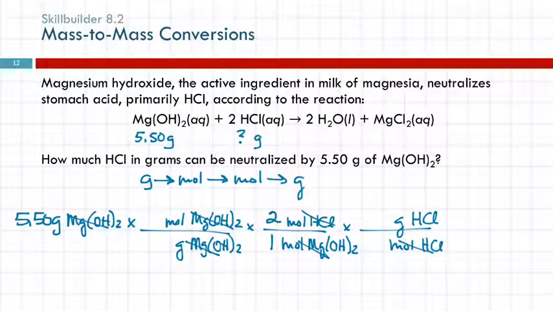Now I need molar masses. So magnesium, 24.31 grams. And it's Mg(OH)2, so I've got 2 oxygens and 2 hydrogens.